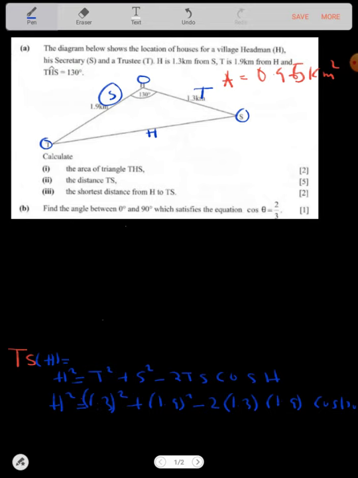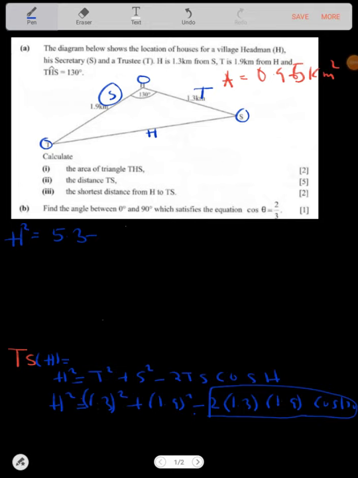You are getting, so H squared is equal to 5.3 minus, now we need to multiply this, including cos, keeping the negative still there.